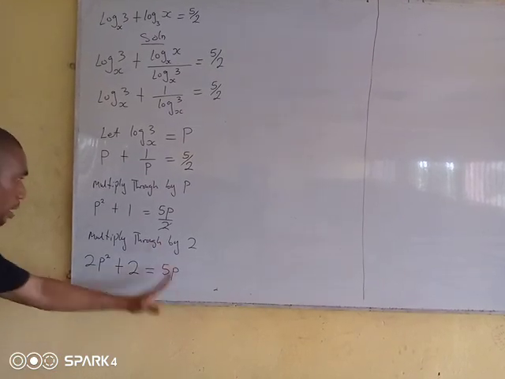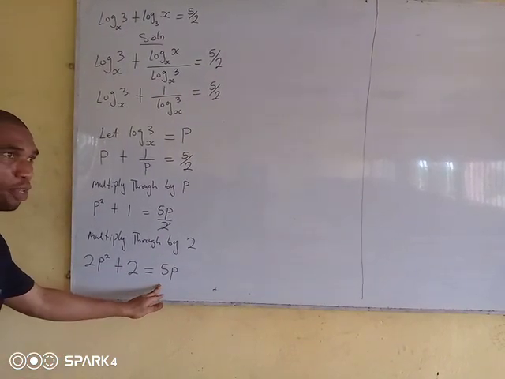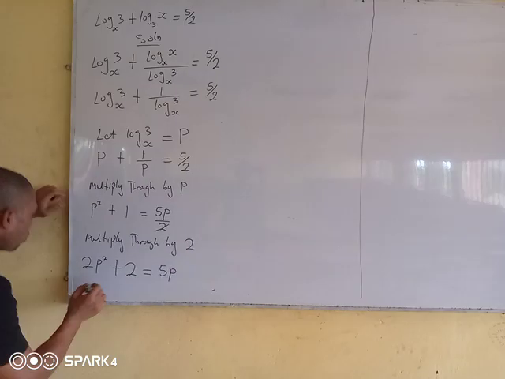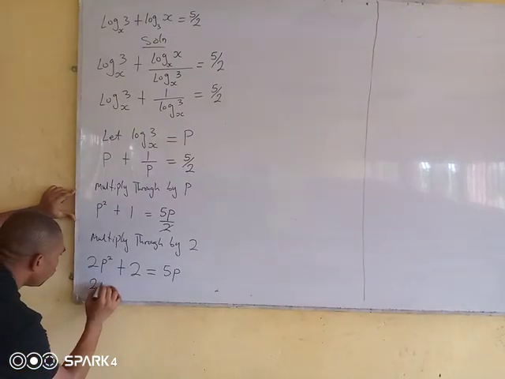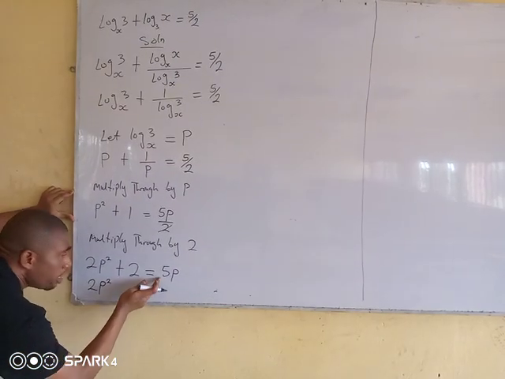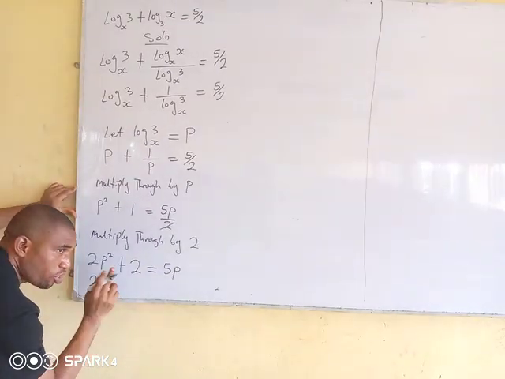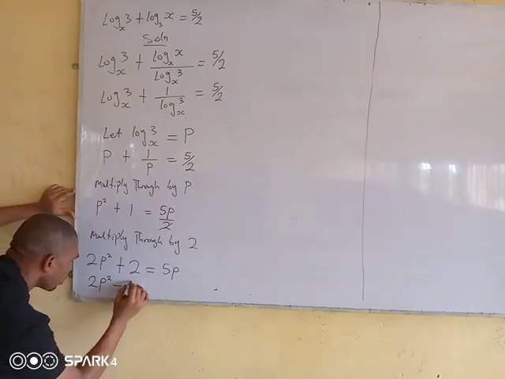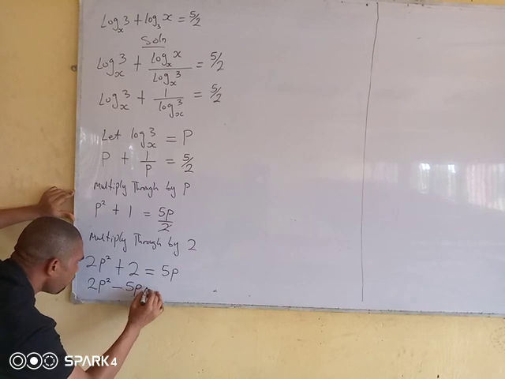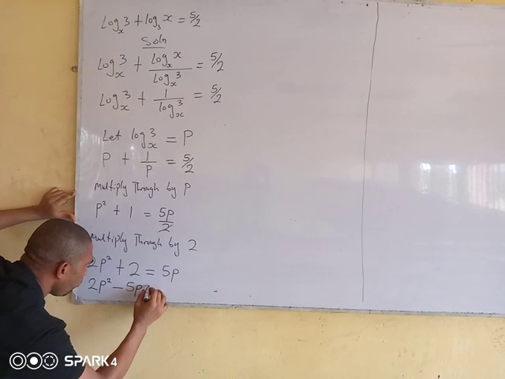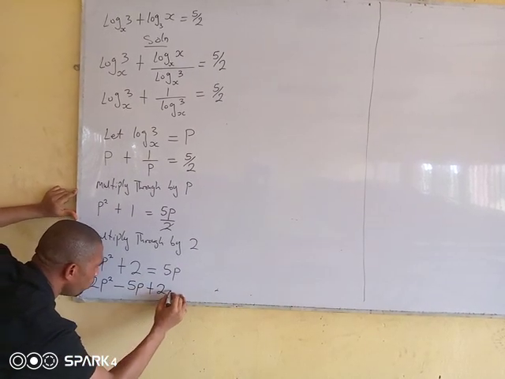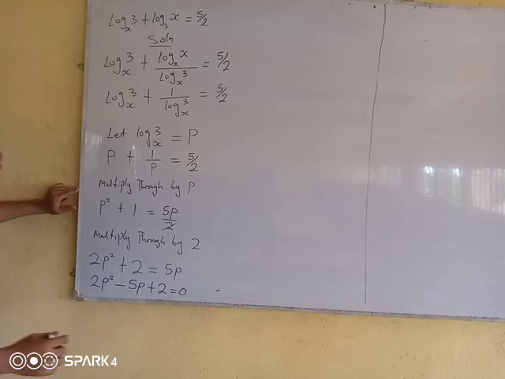Now, let me move this 5p to the left hand side. Meaning I'm going to have 2p squared, it is positive here, and when it crosses the equality it changes to negative: minus 5p plus 2 is now equal to 0.